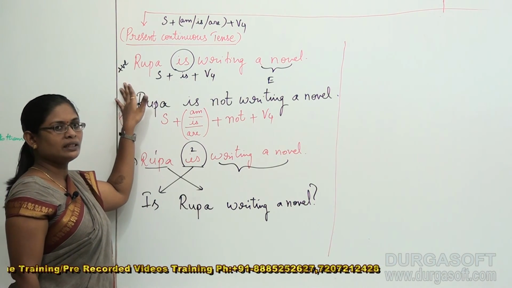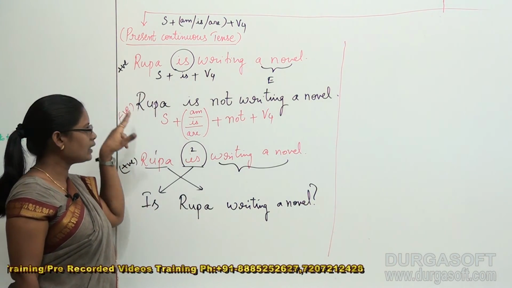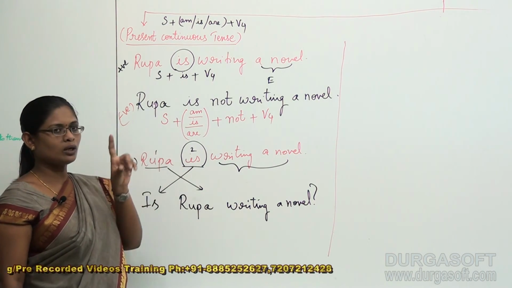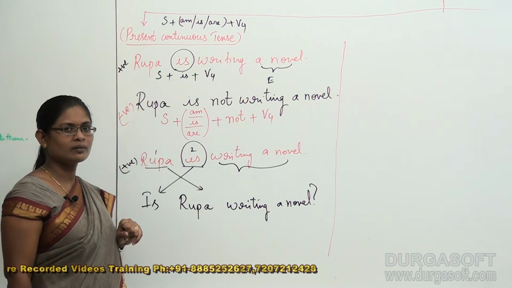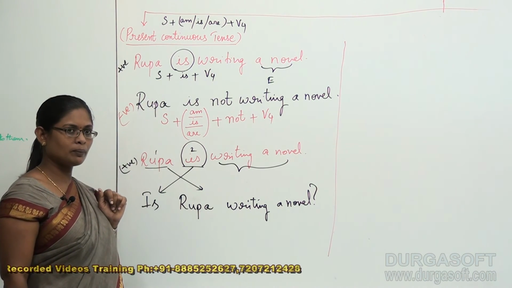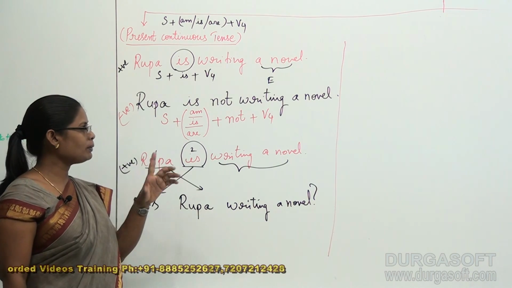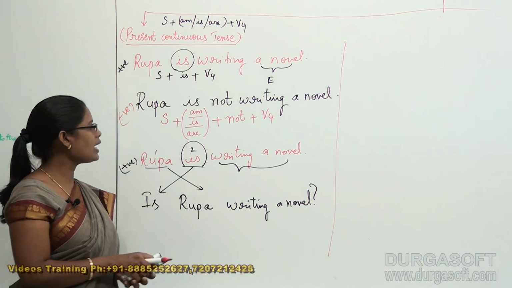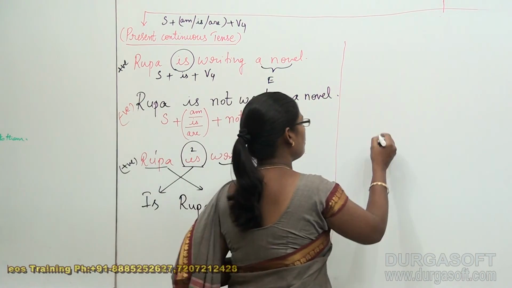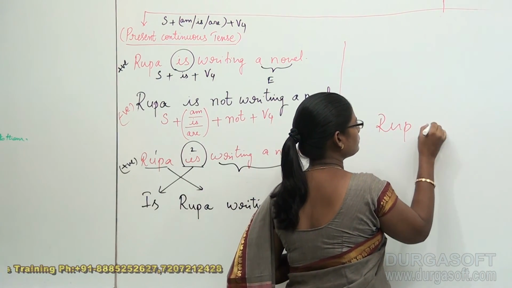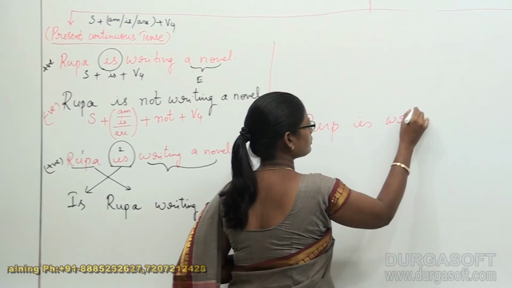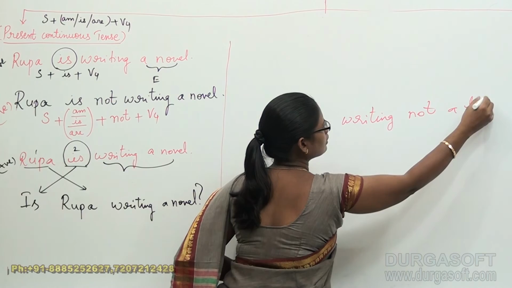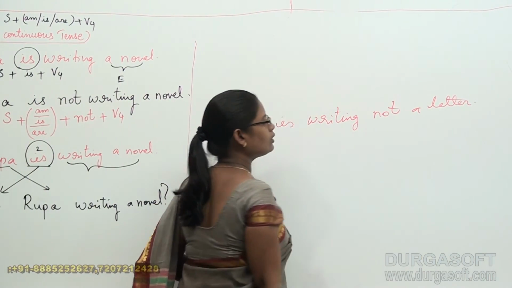When a positive sentence is converted into a negative sentence, not has to be provided in the sentence. Okay, and where that not has to be provided, it should not be provided wherever you like. Suppose I provide the not in my example like Rupa is writing not a letter or a novel.